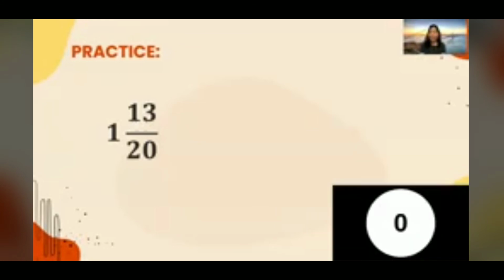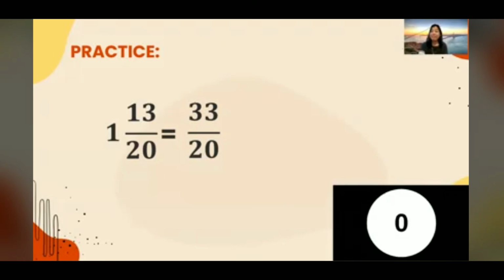Time's up. All right. So the first thing to do is to rename it to an improper fraction. 20 times 1. 20. Very good. Plus 13. 33. So our improper fraction will be 33/20. And the reciprocal is, okay, simply interchange it.